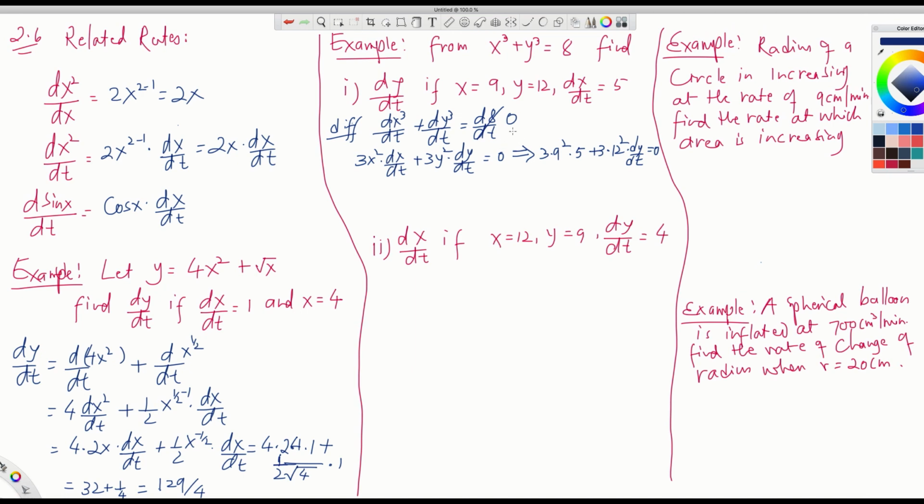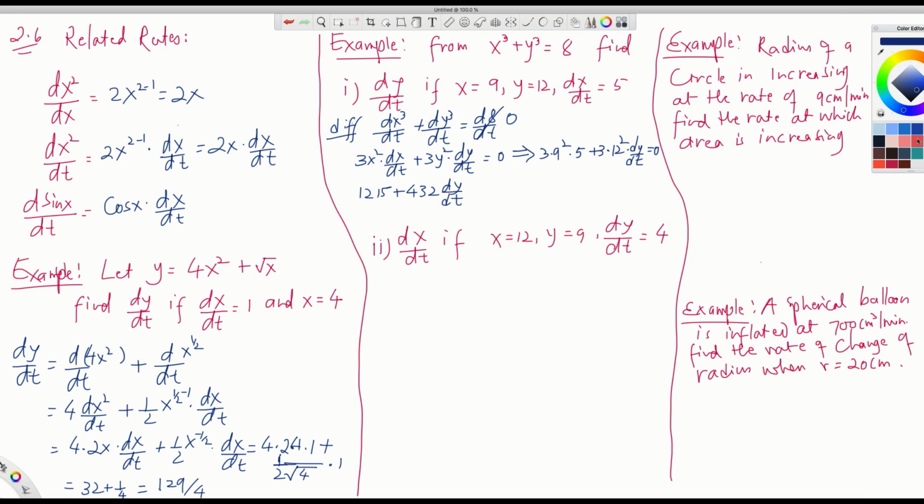3 times 9 squared times 5 is basically 1215. So this is 1215 plus 3 times 12 squared, which is 432, and then dy over dt.